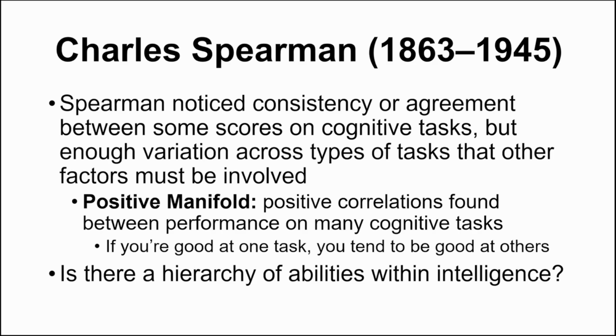First off, let's talk about the concept of a positive manifold. This is just describing the fact that we do actually see positive correlations when we're looking at individuals' performance on a whole collection of different cognitive tasks. So people who are good students, from my school example, tend to do better than average across all of their classes.